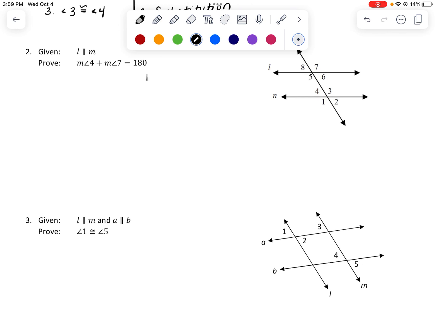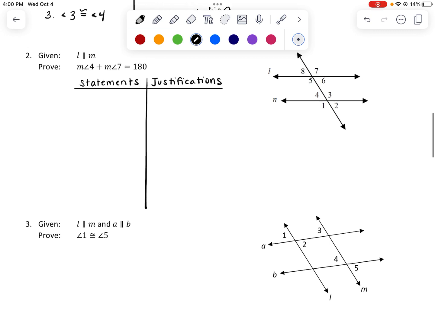So same thing. So I'm going to write down my given.